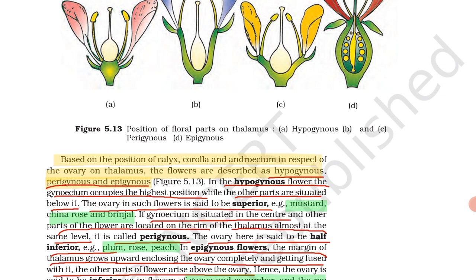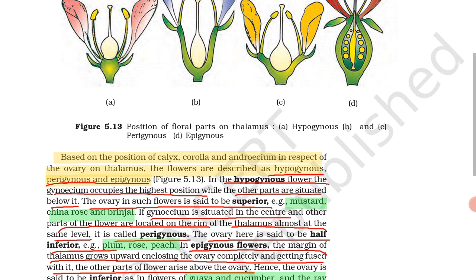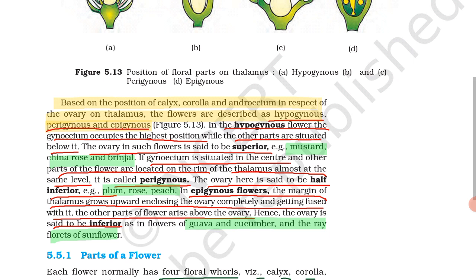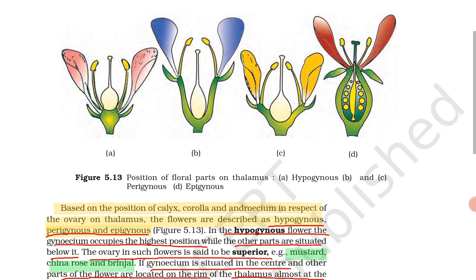In an epigynous flower, the margin of the thalamus grows upward, enclosing the ovary completely and getting fused with it. The other parts of the flower rise above the ovary, hence the ovary is called inferior. The flowers of guava and cucumber and the ray florets of sunflower are examples. See the last figure, epigynous.